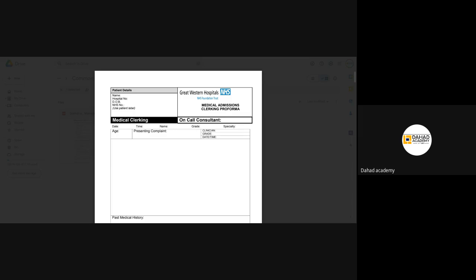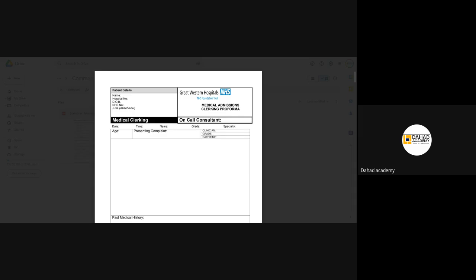So again, you will put the patient name, date of birth, the patient label, the date, the time. Documentation is the most important thing in the UK. After 10 years, you might have a case which mentions that this patient you saw 10 years ago with blah blah blah. What did you do?